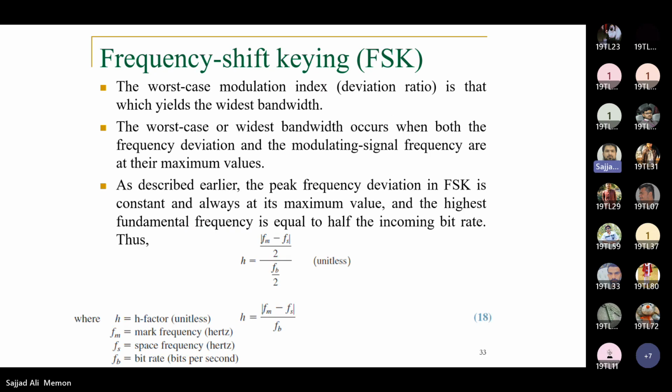And the worst case modulation index deviation ratio is that which yields the widest bandwidth. The worst case or widest bandwidth occurs when both the frequency deviation and the modulating signal frequency are at their maximum values. As I described earlier, the peak frequency deviation in FSK is constant and always at its maximum value, and the highest fundamental frequency is equal to half of the incoming bit rate.